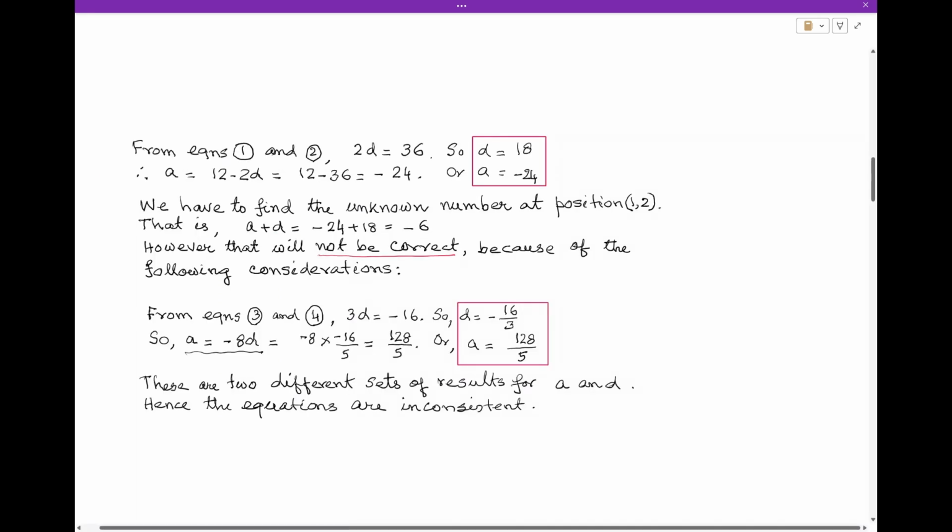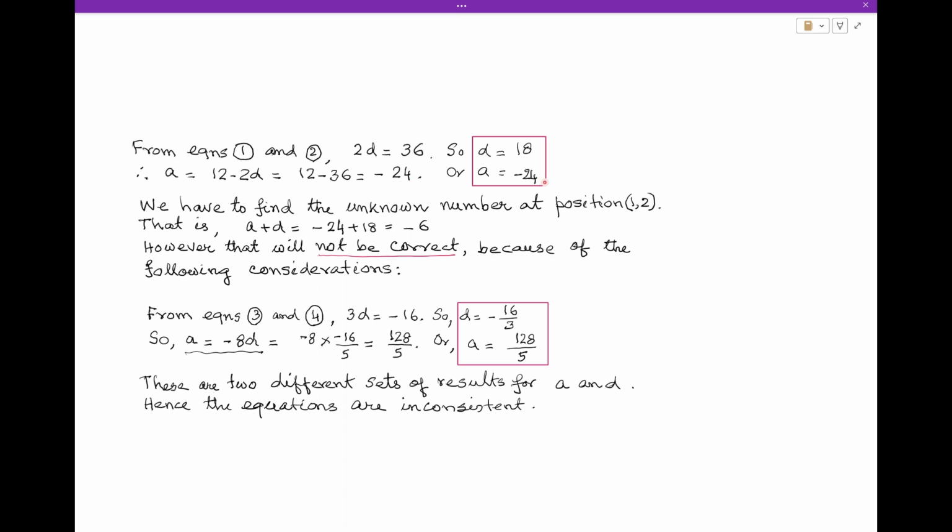From equations 1 and 2, we get 2D is equal to 36 and therefore D is equal to 18. Now substituting this value of D in the second equation, we get A is equal to 12 minus 2D, that is equal to 12 minus 36 or minus 24.